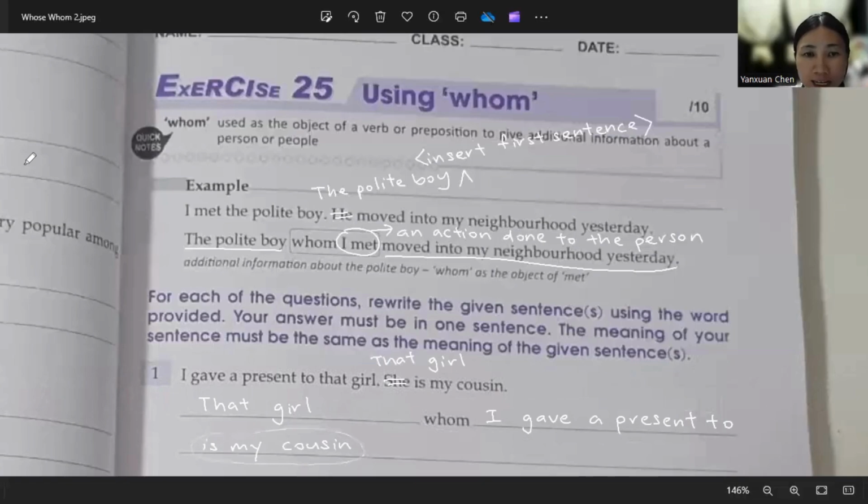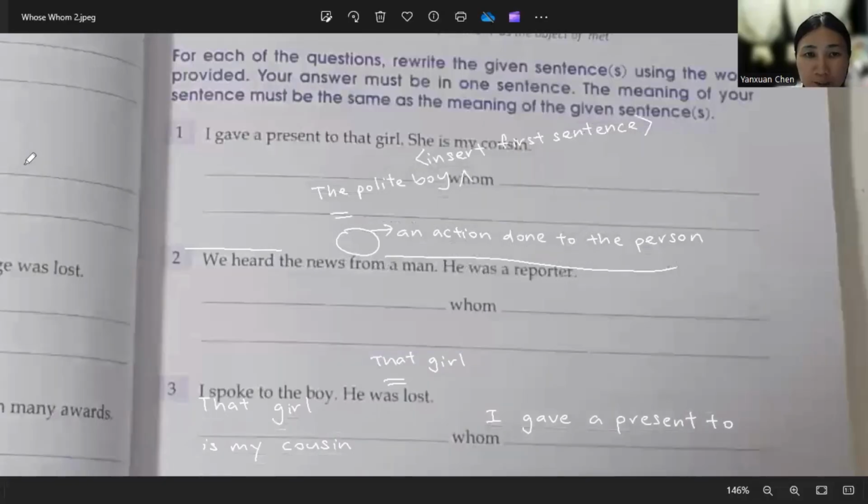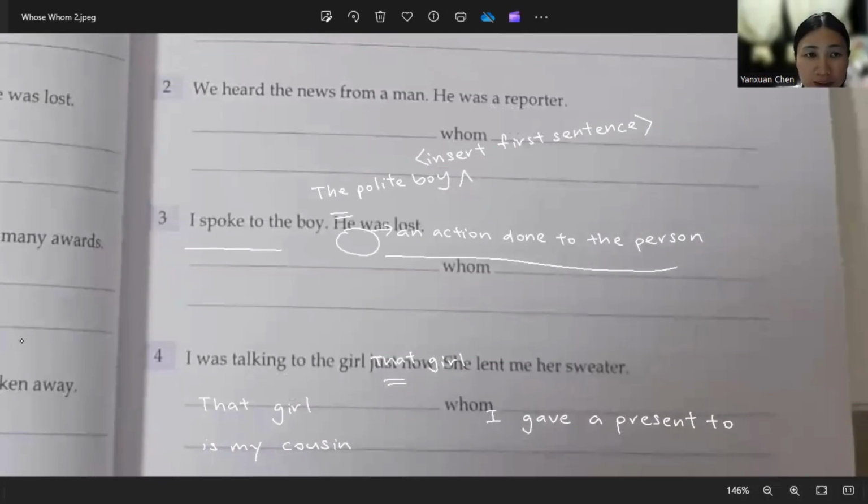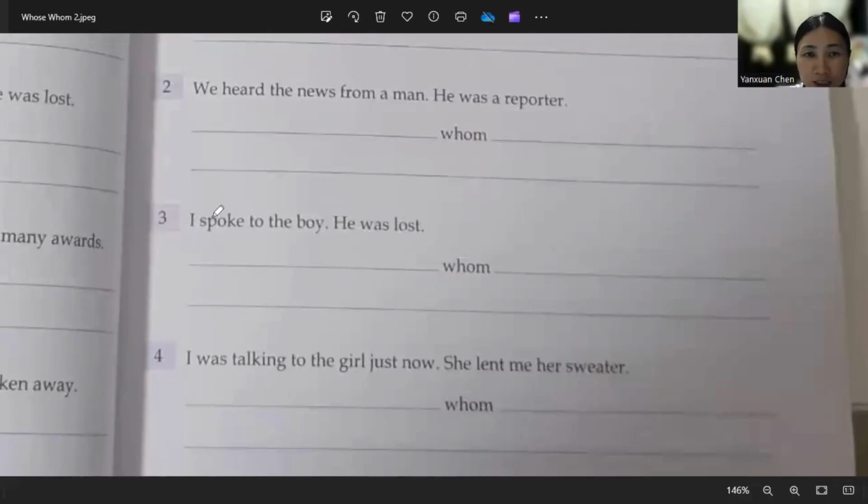Okay, let's try another question. I spoke to the boy. He was lost. Okay, so let's change the he to the boy. So this he is actually referring to the boy.